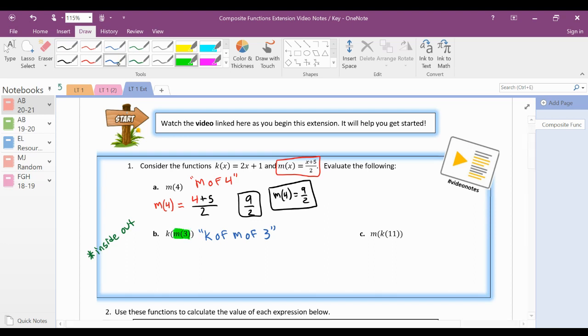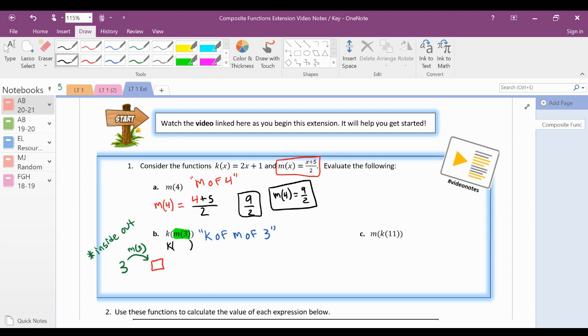All right, so that means that 3 is going to go into the m function as an input. Now I'm going to do this with arrow notation here. So I'm going to show 3 is going to go into the m function, and I'm going to ultimately get something out of there. We'll calculate that in a minute. Then that something is now going to go into the k function, because m of 3 is actually the input into the k function.